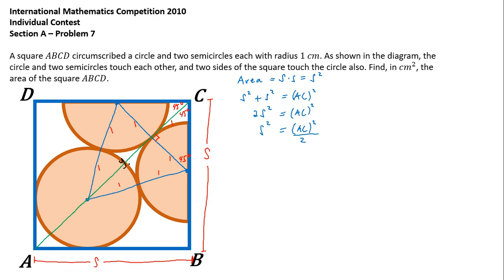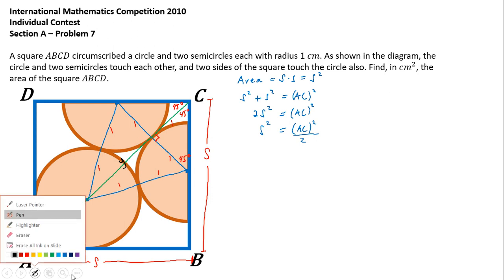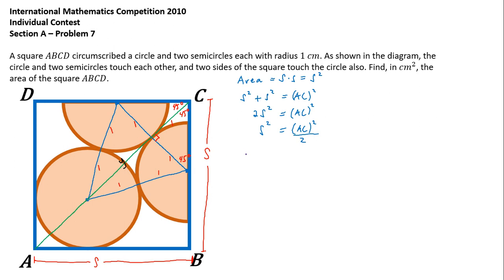Okay, so y can be determined by using the Pythagorean theorem. So let's do that. We have y squared plus 1 squared equals 2 squared, or y squared equals 4 minus 1, which is equal to 3. So y is now equal to square root of 3.